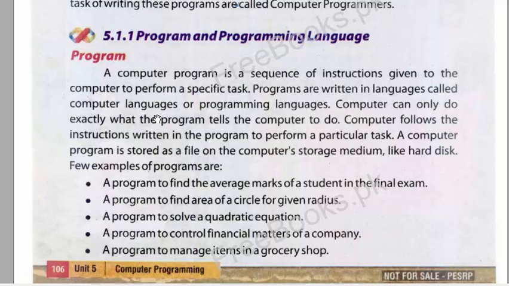A computer can only do exactly what the program tells it to do. If you have written in the program to print something, after execution it will just print it, because you wrote the program in that way.